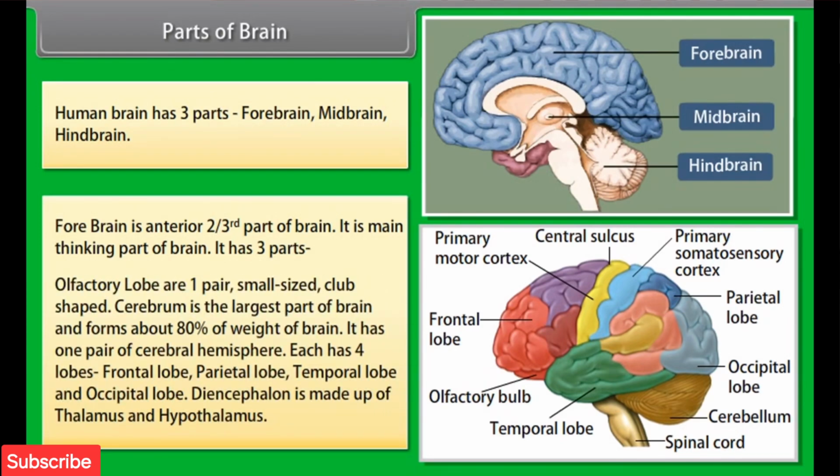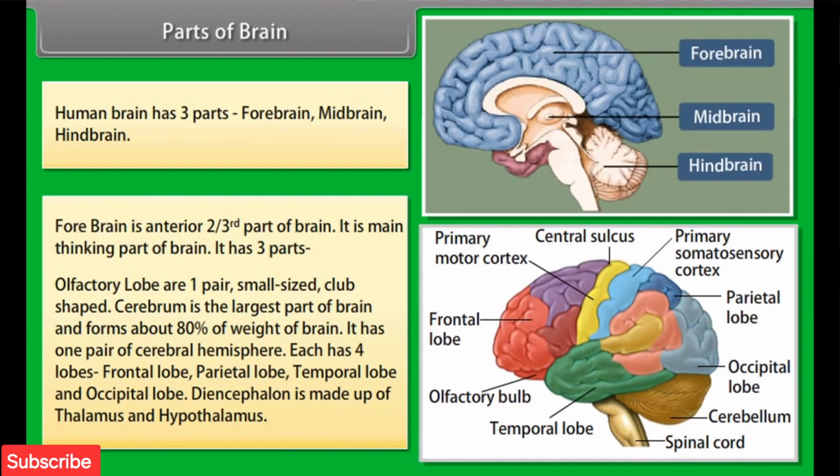Cerebrum is the largest part of the brain and forms about 80% of the weight of the brain. It has one pair of cerebral hemispheres. Each has four lobes: frontal lobe, parietal lobe, temporal lobe, and occipital lobe. Diencephalon is made of thalamus and hypothalamus.